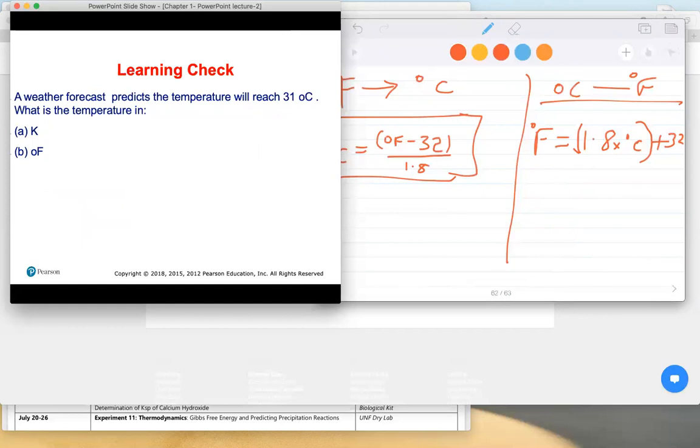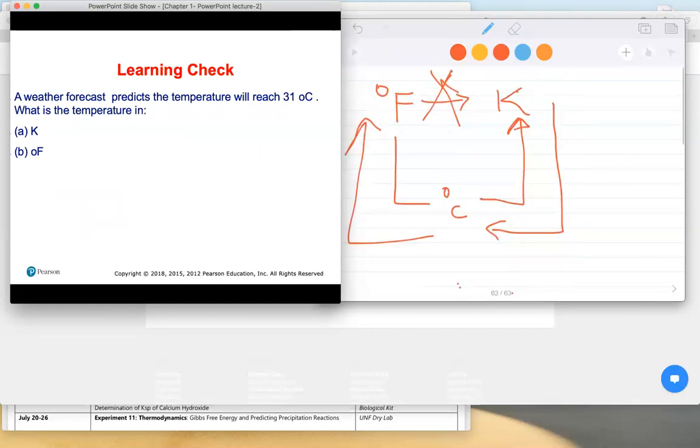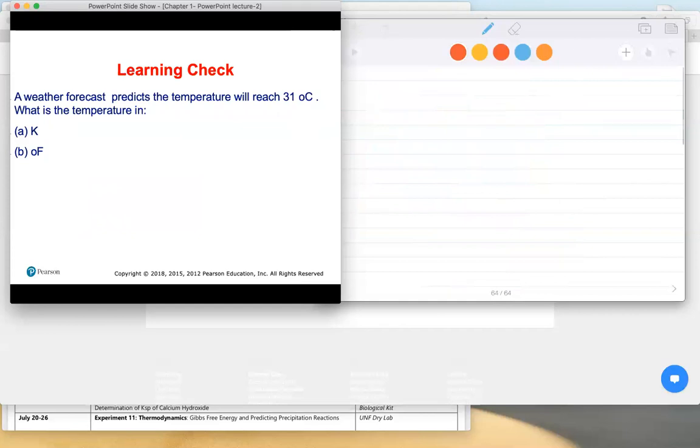Let's see an example. A weather forecast predicts the temperature will reach 31 degrees Celsius. What is the temperature in Kelvin? That is easy.